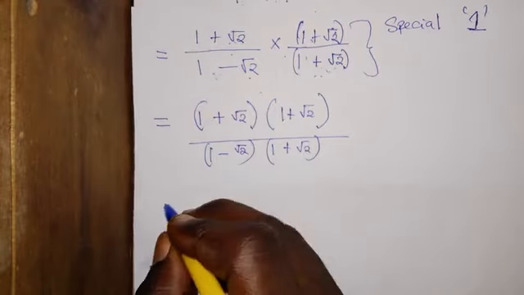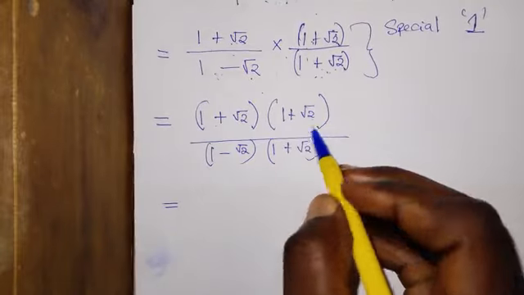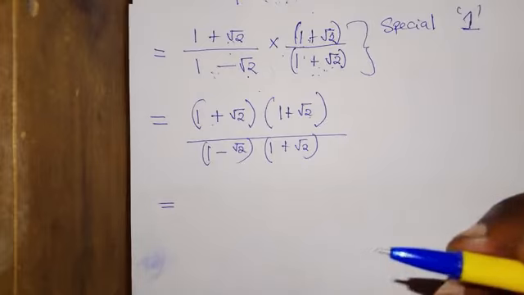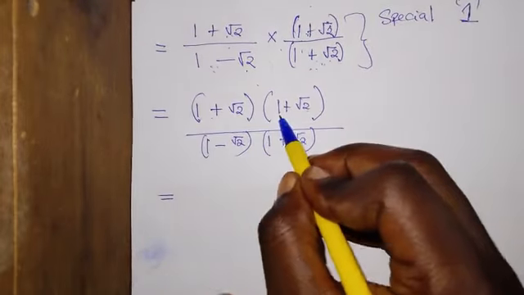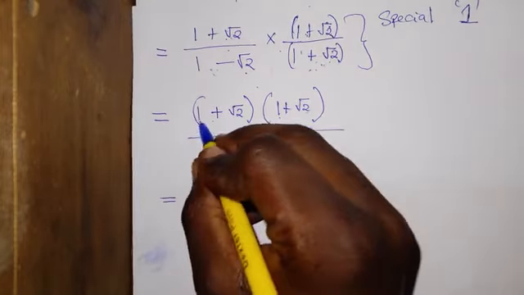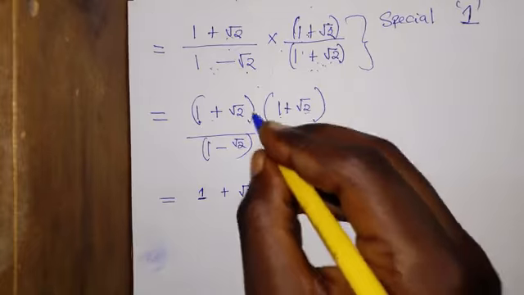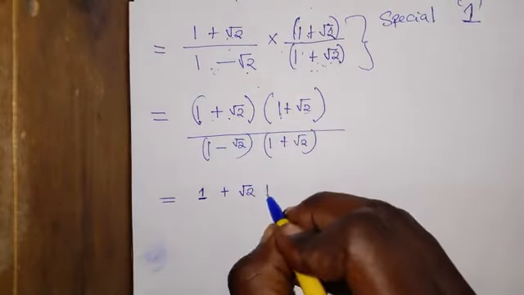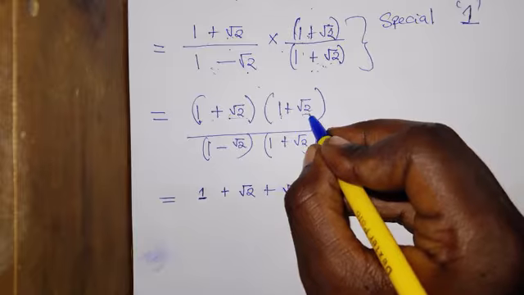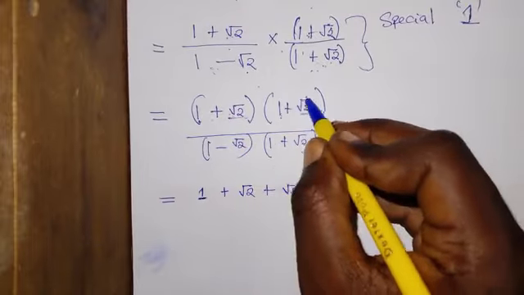So expanding this, we are simply saying 1 times everything and this times everything. So the same properties under SADS which we talked about, we have to embrace them here. Don't forget them. So this will be 1 times 1, which will remain 1. 1 times root 2, it will still be root 2. Root 2 times 1, it will still be positive root 2. And root 2 times root 2, what do we have? This is root 2 and root 2, same numbers inside and the same radical.